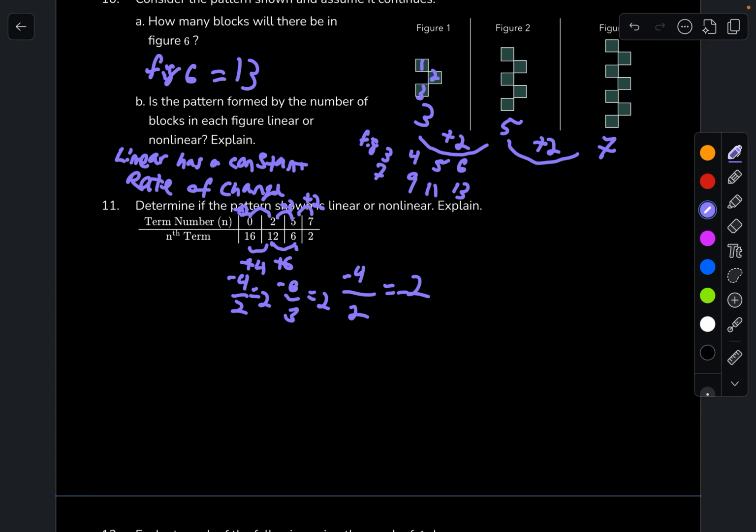So as you can see, the rate of change is always the same. It is linear because it has a constant rate of change, which basically means it has a constant slope.